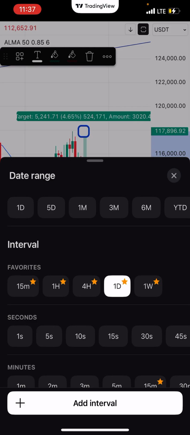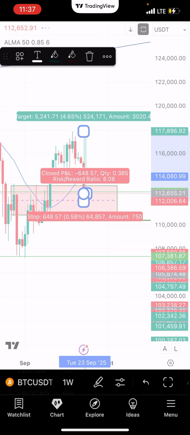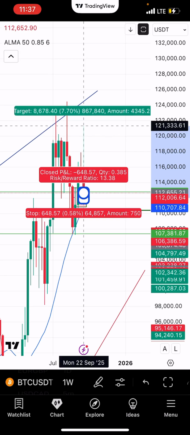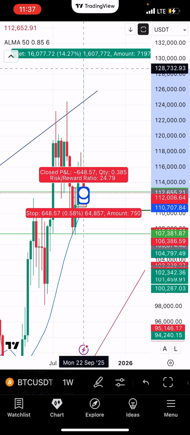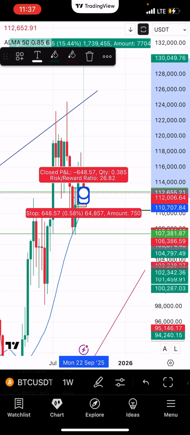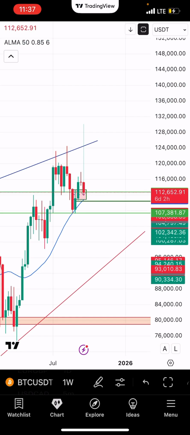That's where it's supposed to be for my 1 day time frame. But if I'm too busy, I can take it up to 130,000, which is where we are expecting BTC to reach, 130,000 or 132, 136, before we can start to think of selling BTC.